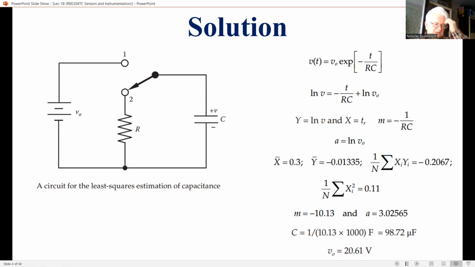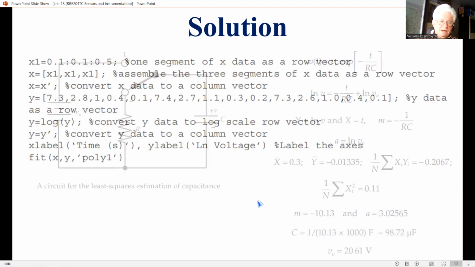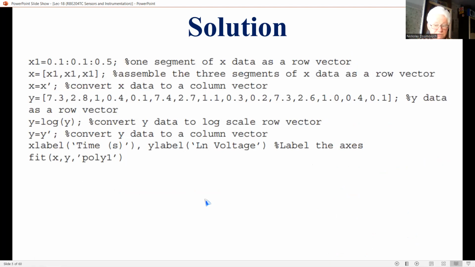It should be noted that in this problem the estimation error would be larger if we did not use the logarithm scale for the linear fit. After finding M, and knowing R equals 1000, we have C equal to 1 over 10.13 times 1000 farad, which gives us 98.72 microfarad.